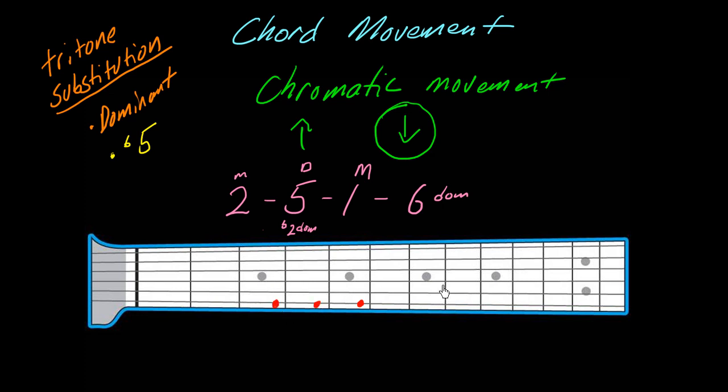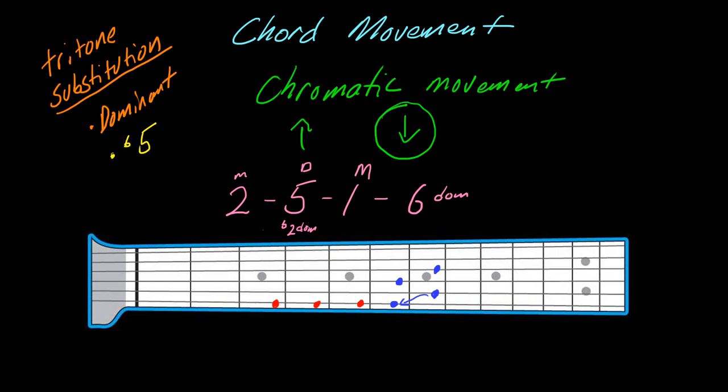Now watch this. 6 dominant, let me use a different color. Normally would be like this. Remember, root on A string, so that's the shape for the dominant chord. But once again, I'm going to substitute tritone substitution for this chord so that it's here.